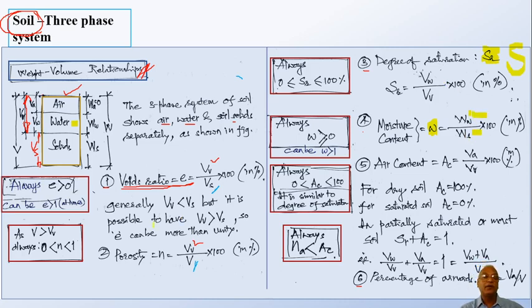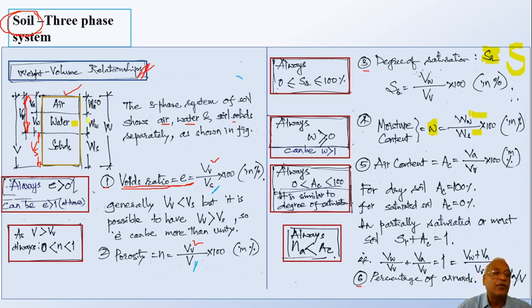In the earlier three definitions we used only volumes, but when it comes to moisture content, denoted by w or omega, we define it as weight of water to weight of solids, expressed in percentage. That is why in the three-phase diagram we have shown weights also.